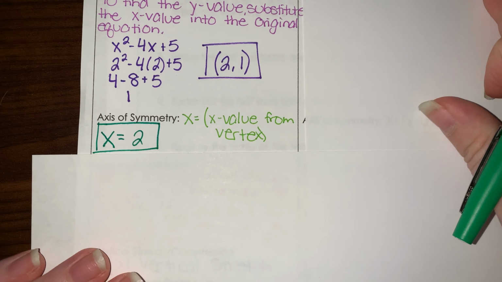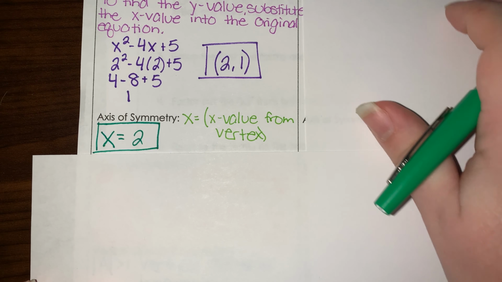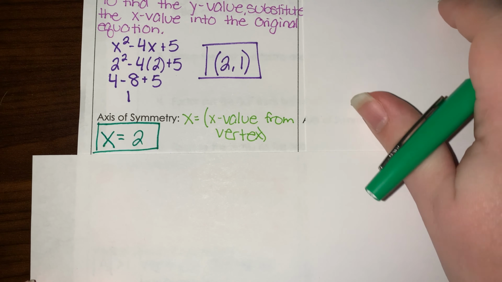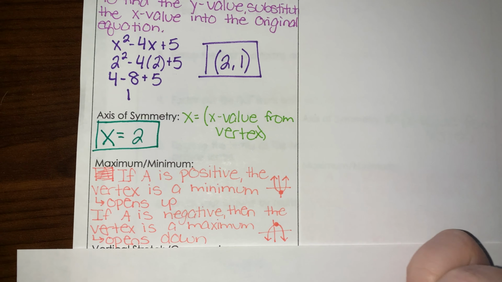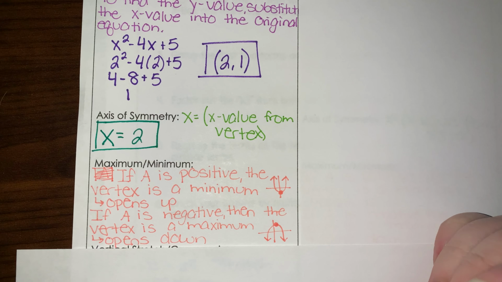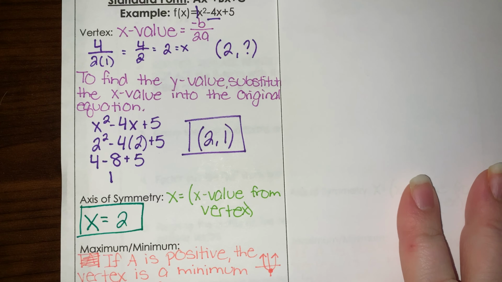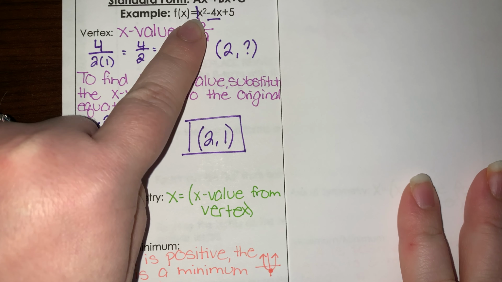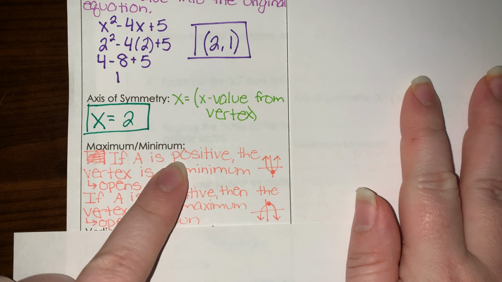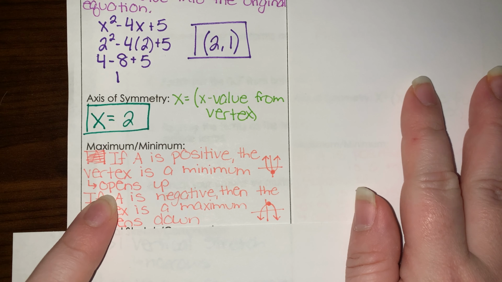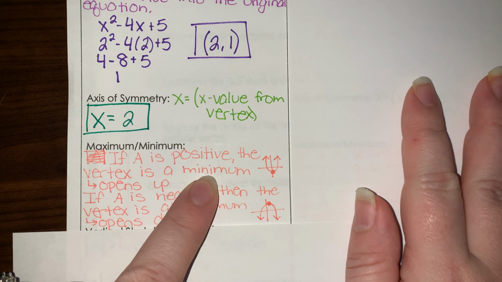Now the other thing that you can find from standard form is you can identify if your vertex is a maximum or a minimum. And this all depends on your a value. So if we look at our original equation, our a value is a positive 1. Now because it's positive, that means that our parabola is opening up, which makes our vertex a minimum.